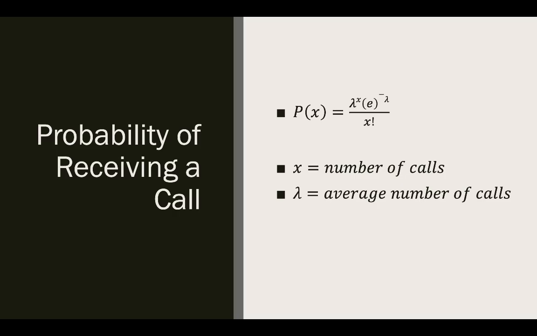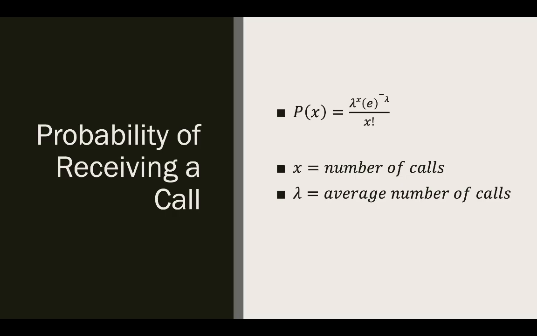So one of the things we can do is calculate the probability of receiving a call during a specific hour. So the probability of x, x being the number of calls during that hour, we can calculate that. The other variable we need is the average number of calls for that hour.